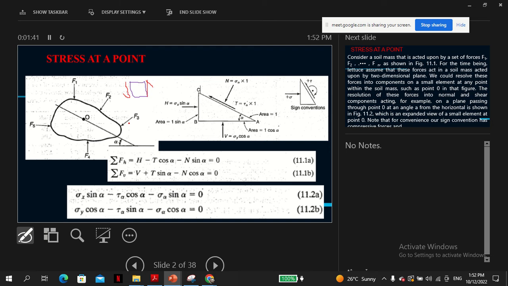Now because of this, these are shear stresses, so in this direction, and this has to go in the opposite direction for equilibrium. Now this makes this element imbalanced here. So because of this, we have shear stresses.